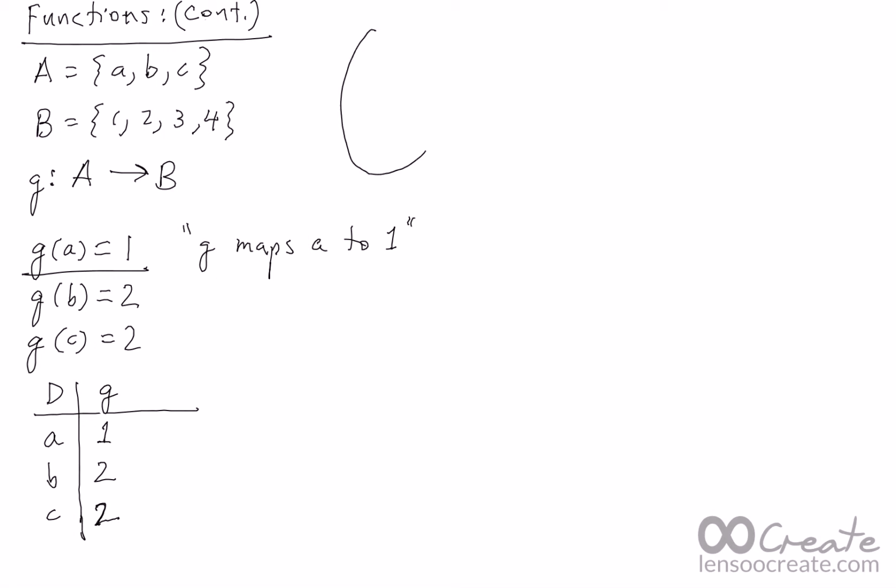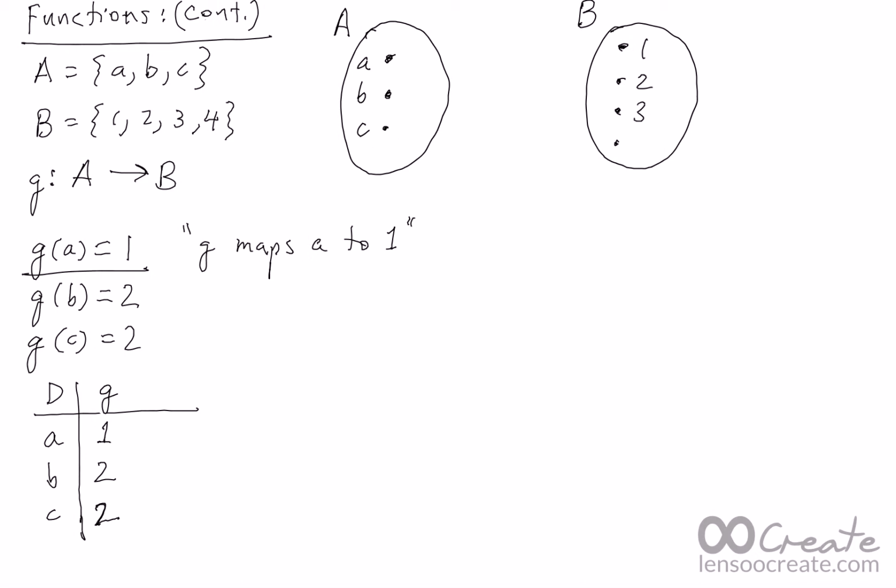Another way of specifying is graphically. I can make my sets like this. Here's the set A. I'm going to draw sort of an oval, and I'm going to put the elements of A inside of A. Then I'm going to make another set B, and I'm going to label dots inside of it that are the elements of set B. And I'm going to say that the function maps the domain to the range.